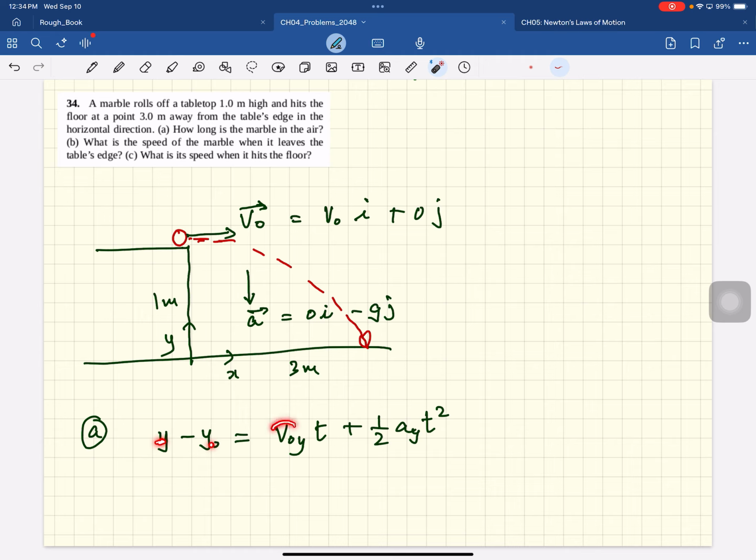What is v naught y? 0. It's the initial y component of the velocity. That's 0. And what is a y? Negative g. So 0 minus 1 equals 0 plus 1/2 times negative g t squared.